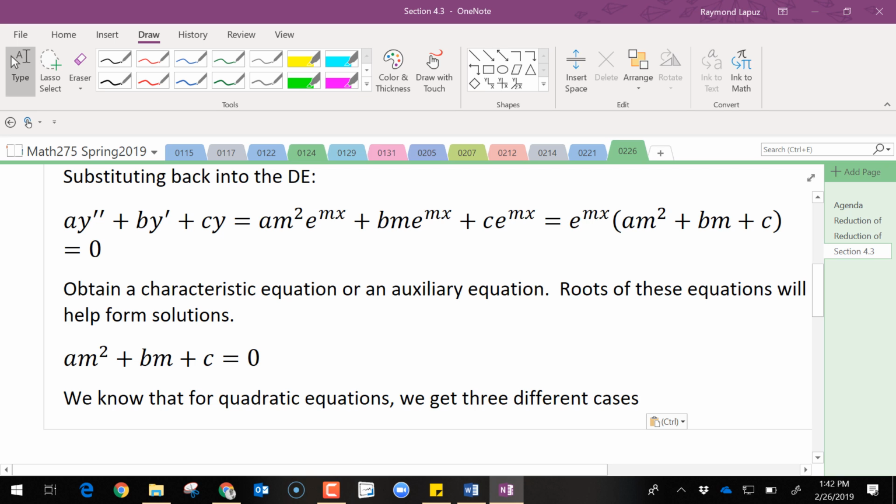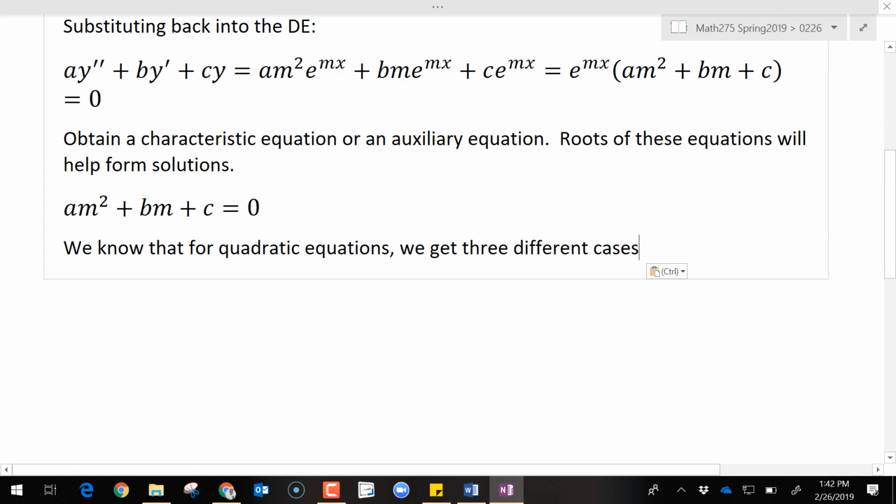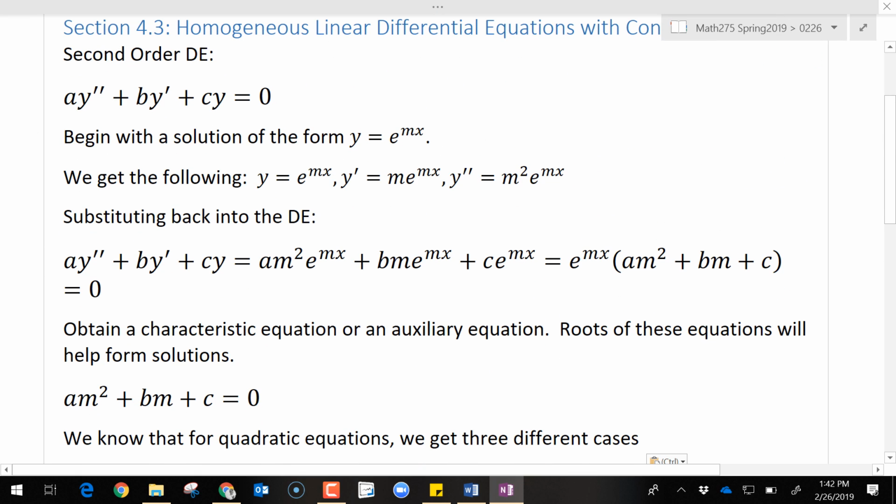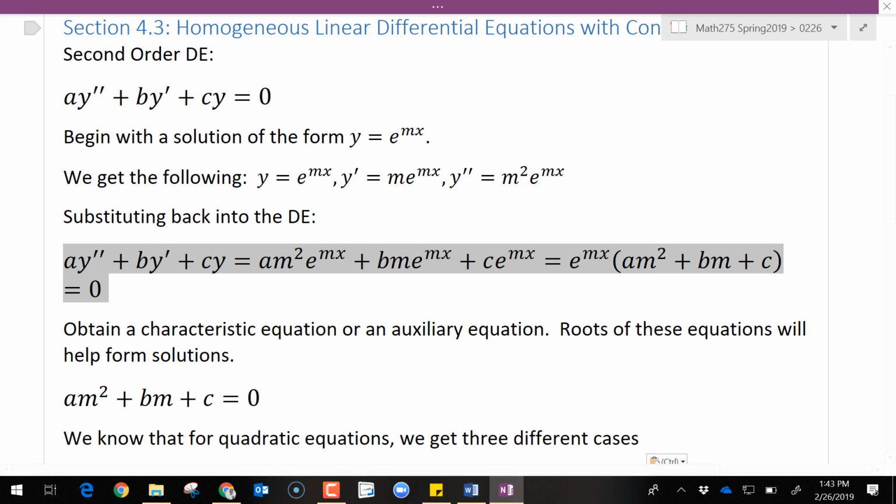A second order or maybe even higher order differential equation with constant coefficients has solutions of the form e to the mx. For second order equations, take the derivative of e to the mx twice, you get m squared.